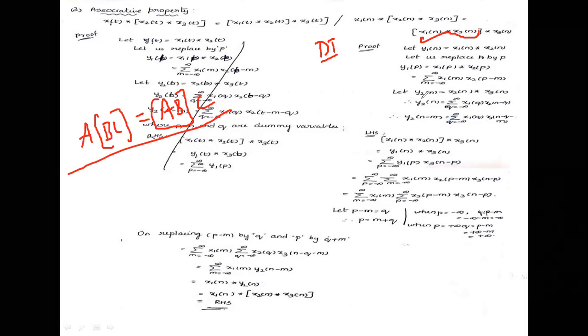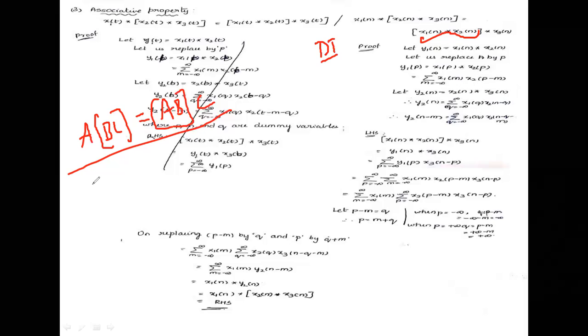Let y2 of n be equal to x2 of n with the convolution of x3 of n. I'm assuming y1 is x1 and x2, and y2 is x2 and x3. So y2 of n is equal to the sum, here I'm assuming the q. q equal to minus infinity to infinity, x1 of q, x2 of n minus q.